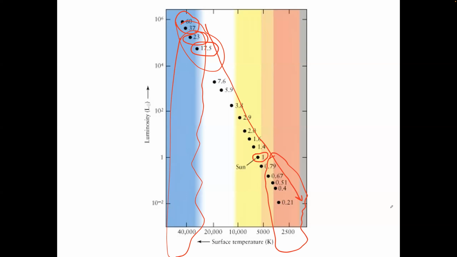So we tell that these stars are relatively cool stars compared to the stars in this region. We tell that these stars are relatively hot stars, right? And you can see the importance of this diagram, right? We can explain everything about stars on the main sequence using this HR diagram.